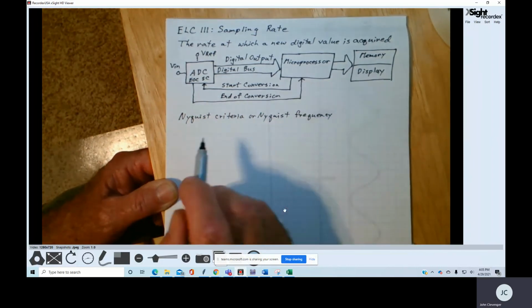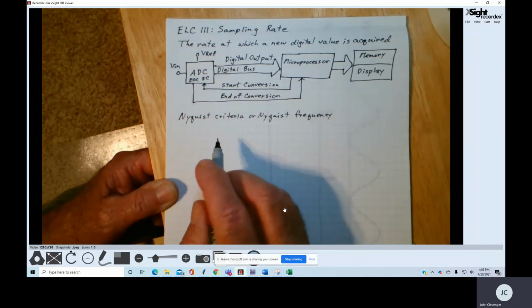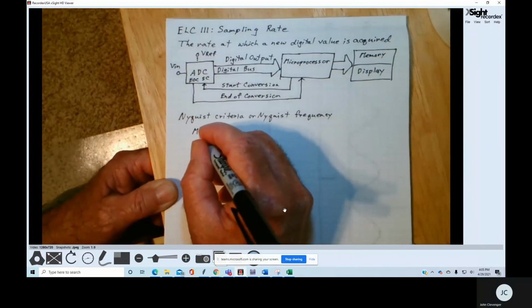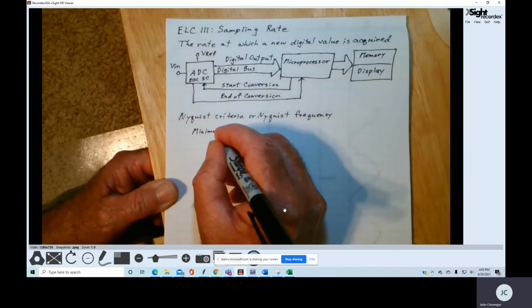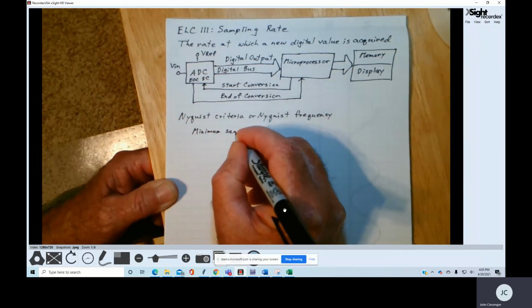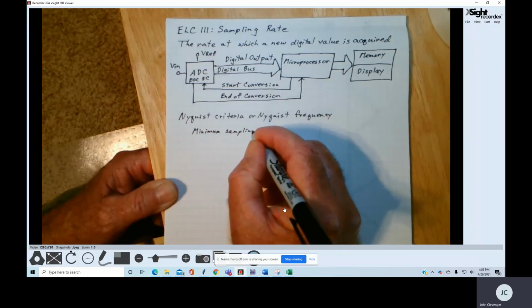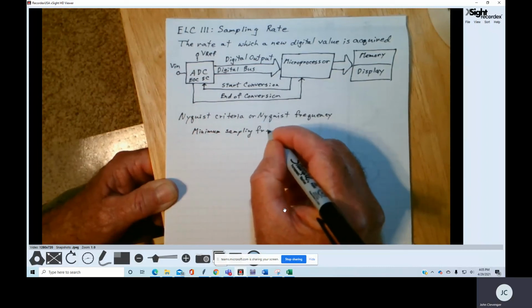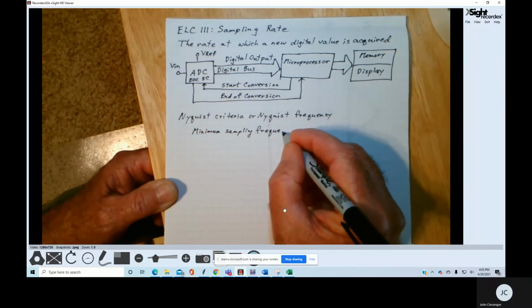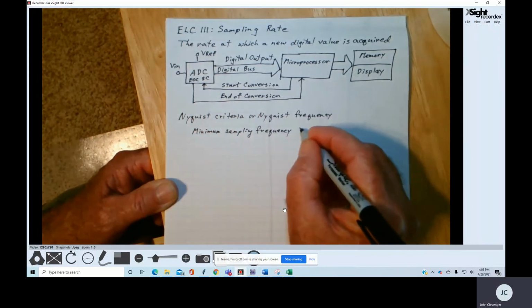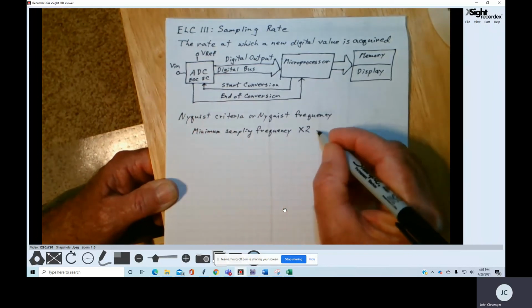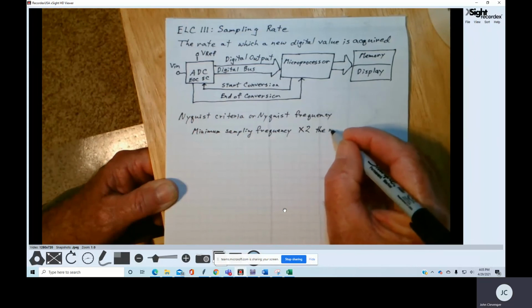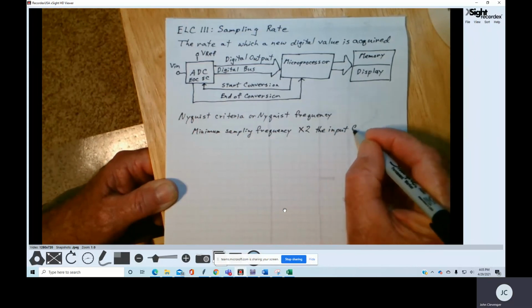And what the Nyquist criteria states is that the minimum sampling frequency has to be 2 times the input frequency.